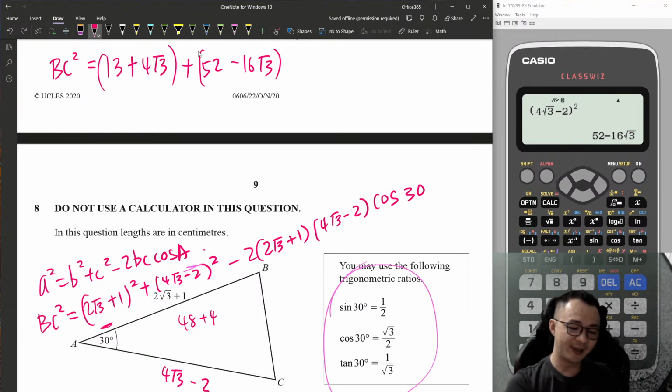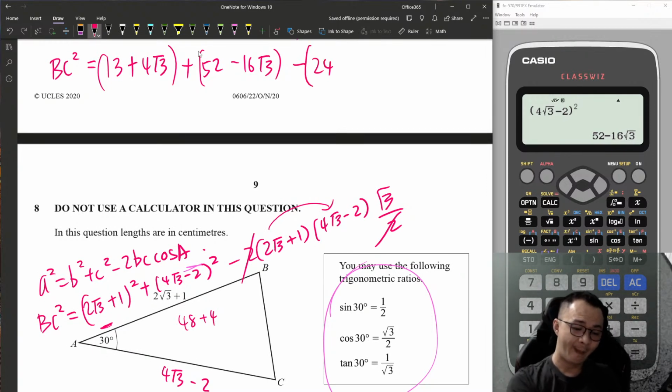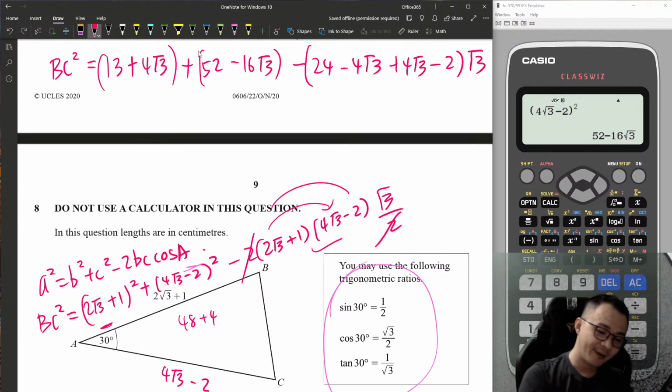Okay, then minus, wow, here is this one, cos 30 is square root 3 over 2. So 2 and 2 I simplified, no more 2 already. But I still have a sub 3 at the back here. So very troublesome. This is 8 times 3, which is 24. Then this one is minus 4 sub 3. Then plus 4 sub 3 minus 2 multiply with sub 3.